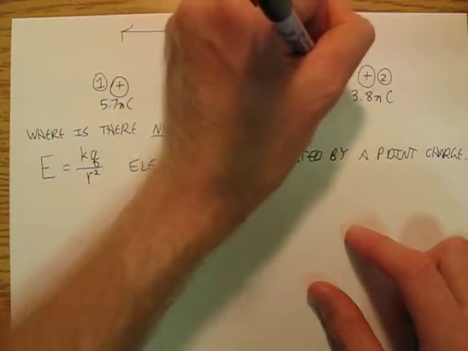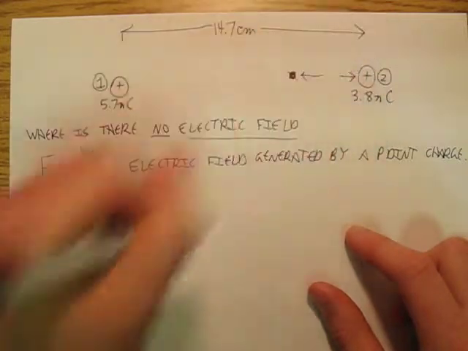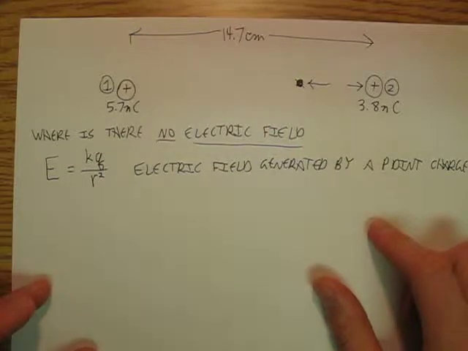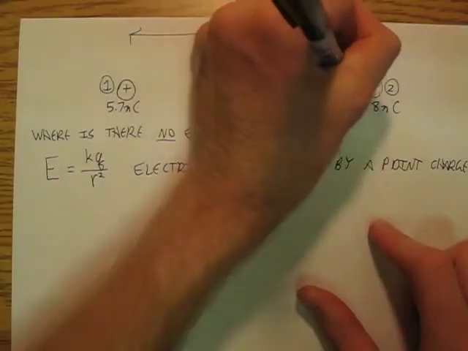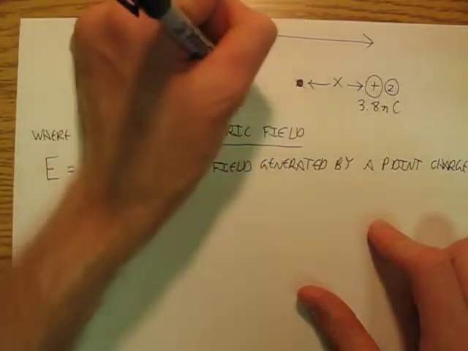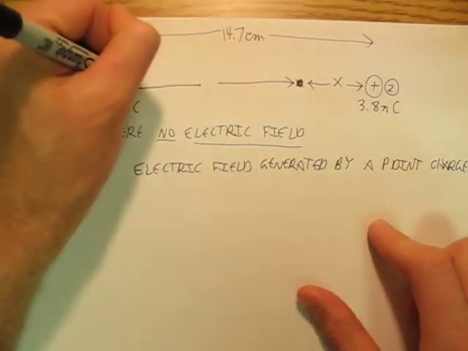And then the question is, what's this distance? Well, we don't know that distance. So what do we call it if we don't know it? We call it x. And so then, what do we call this distance?